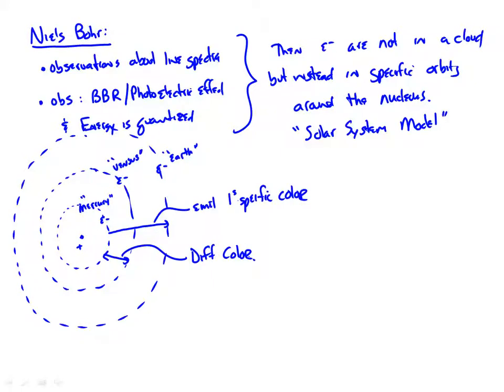So each is a different color. So when electrons move from one orbital to another, they emit one specific color. Whereas Rutherford's model would say, since there are no orbitals and the electron can be anywhere, then it should be able to absorb and emit any color. The Bohr model says since electrons can only be in specific orbits, they can only emit or absorb specific amounts of energy.